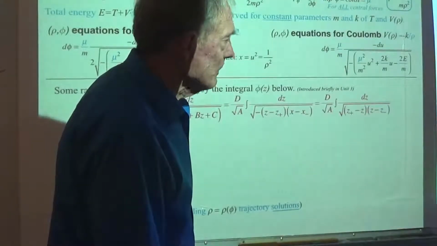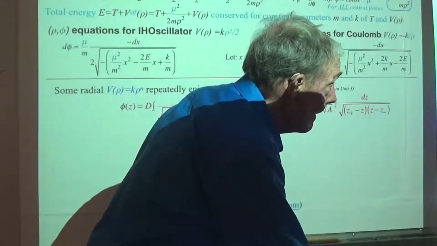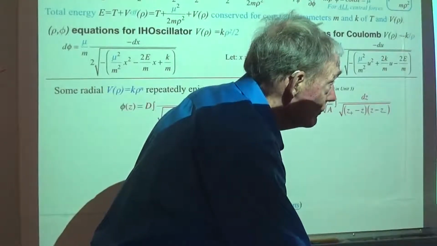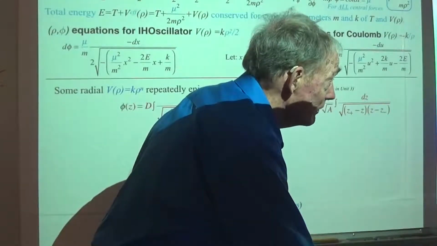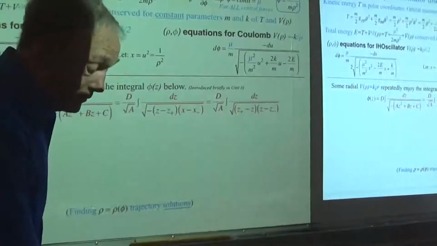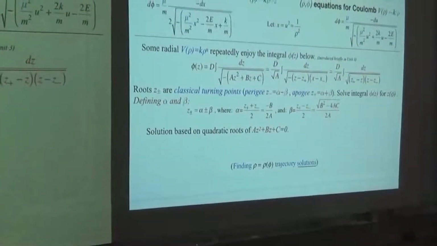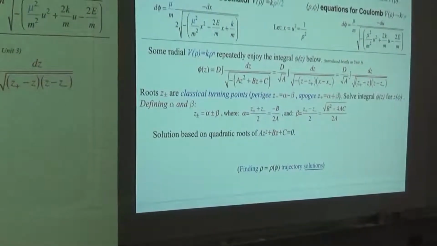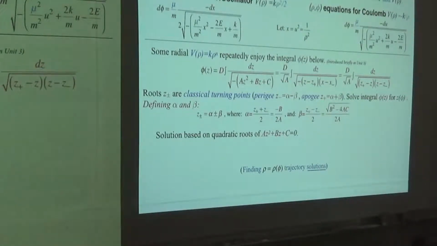Now, let's bring all this stuff up to date here, because that's the thing we need to do. Now, the roots are associated with the classical turning points. That's really what this physically is about. We've got classical turning points, z equal a minus b, the smaller one, assuming those are positive, z minus, that's the low, the down a g, not the up a g.